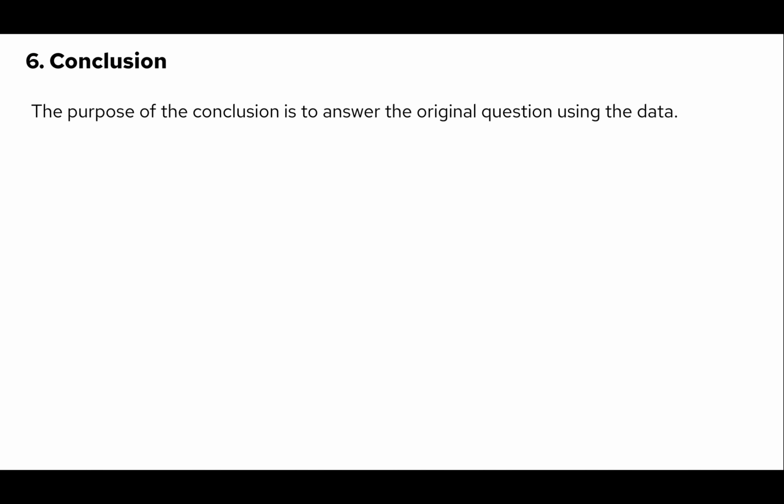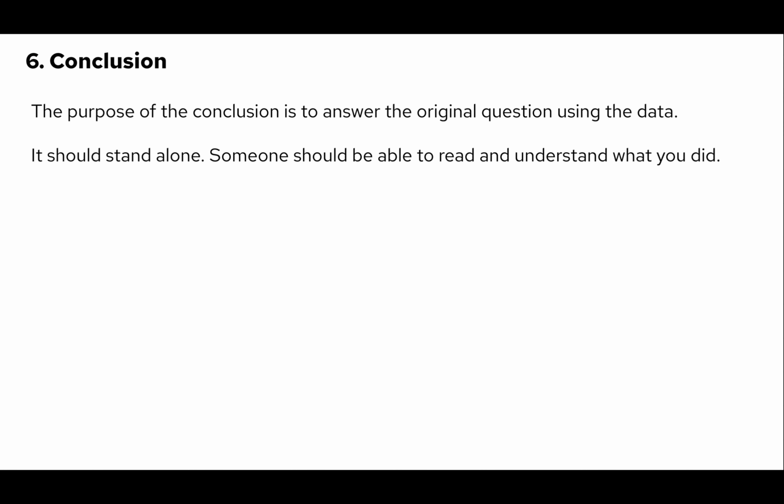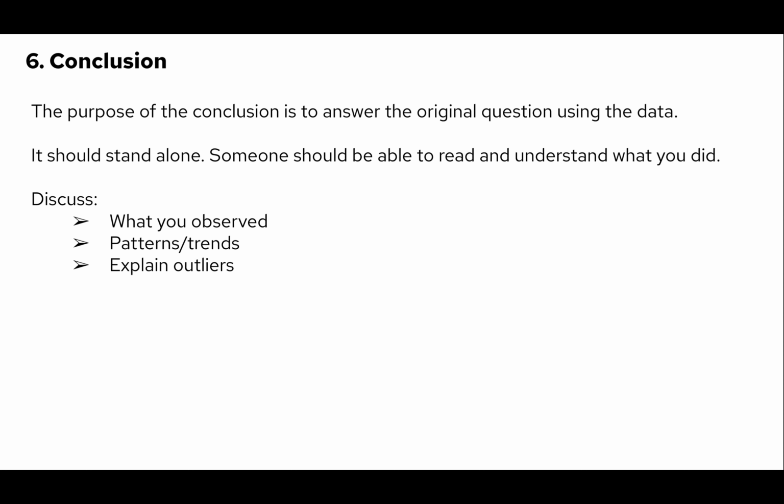The purpose of the conclusion, again, is to answer the original question using the data. It should stand alone. In other words, someone should be able to read and understand what you did. This is what you should discuss: what you observed, any patterns or trends, and explain any outliers.